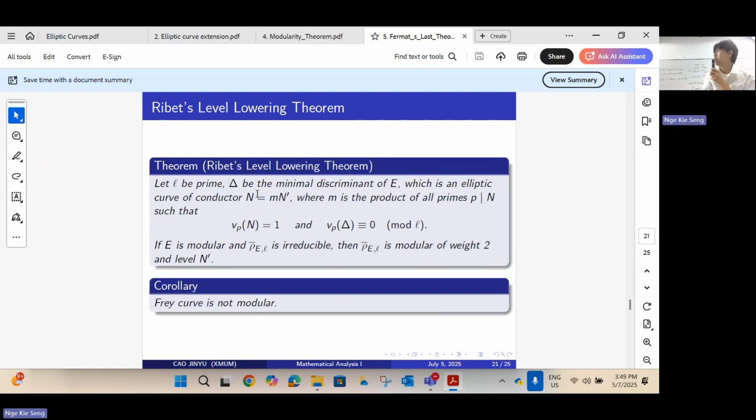The other we call Ribet's level lowering theorem.